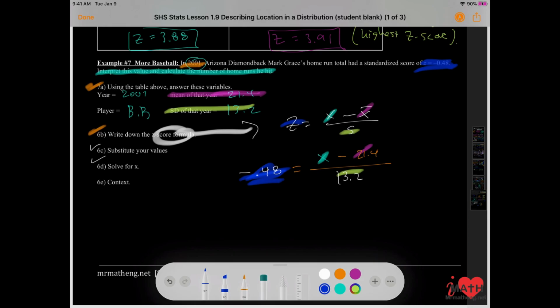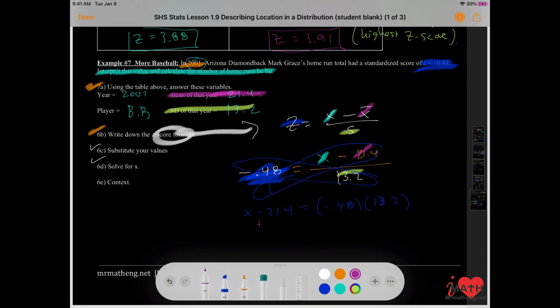All right, so you can do a couple of things here. You can cross multiply. Yes, cross multiply, we're solving proportions. You just put it over 1 and you can multiply 1 times this. That would just read x minus 21.4. And over here you have negative 0.48 times 13.2.